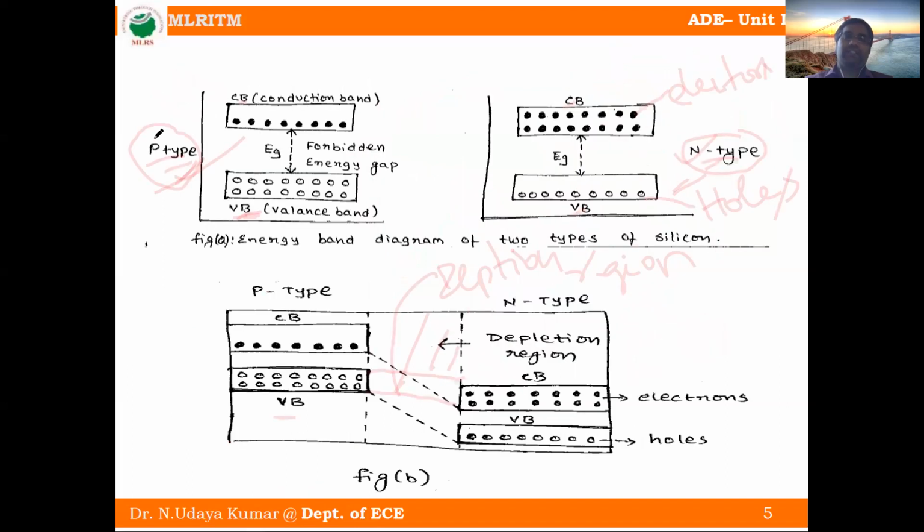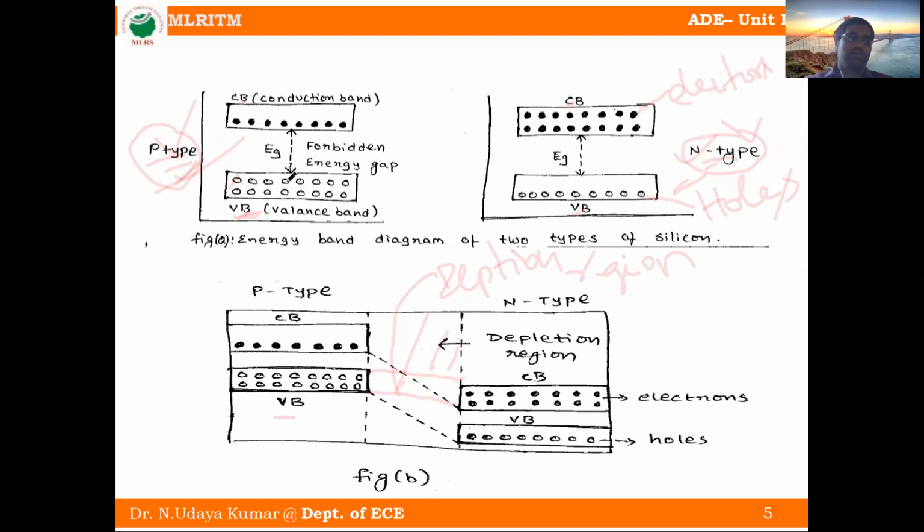Semiconductor materials: this is the p-type material, this is the n-type material. In p-type material, the majority charge carriers are holes and minority charge carriers are electrons. Minority means less: see, 8 electrons, whereas there are 16 holes.